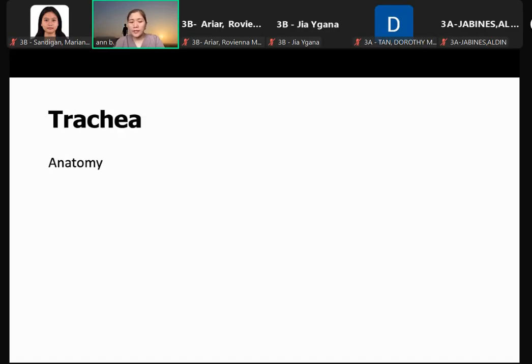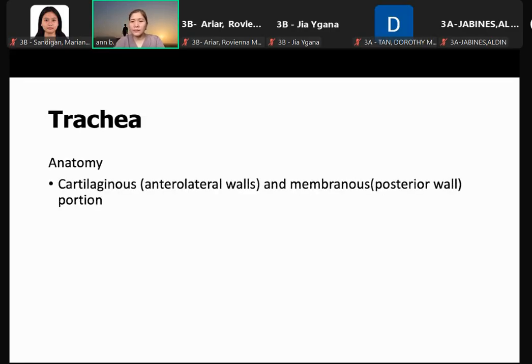So trachea: we have the cartilaginous and the membranous part of the trachea. The anterolateral walls are cartilaginous, and the posterior wall is membranous. In your anatomy in the cadaver, I hope you see and appreciate this, because it is important, especially in management of tracheal cancer and stenotic tracheas.